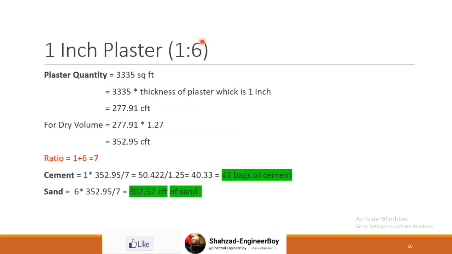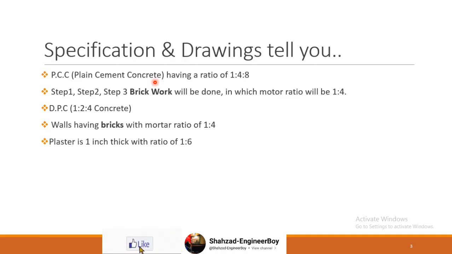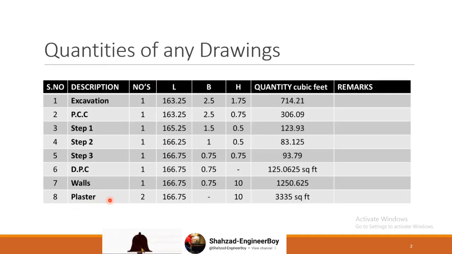Now the plaster quantity is in square feet. The plaster is 3335 square feet. If you want to find out the number of cement bags and sand, you have to first convert it into cubic feet. For cubic feet you have to multiply it by thickness.